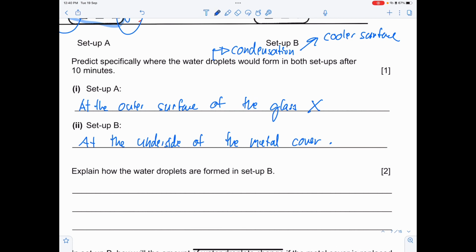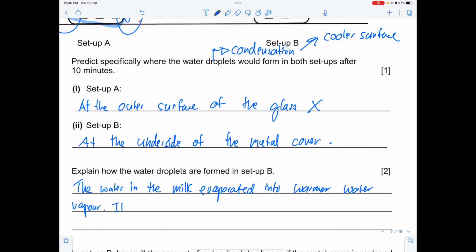In this case, you don't have to say gain heat because the water is already hot, already warm. So all you have to say is the water in the milk evaporated into warmer water vapor. Then after that what happened?